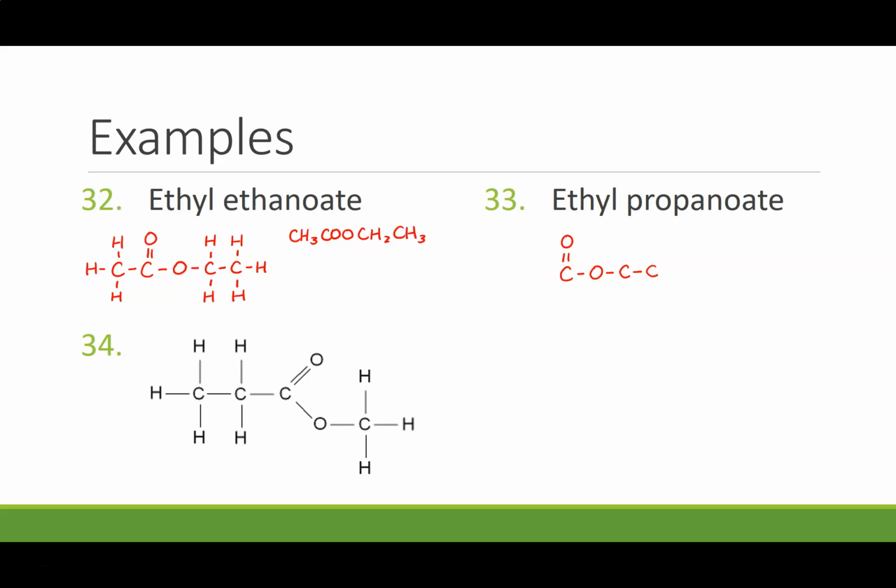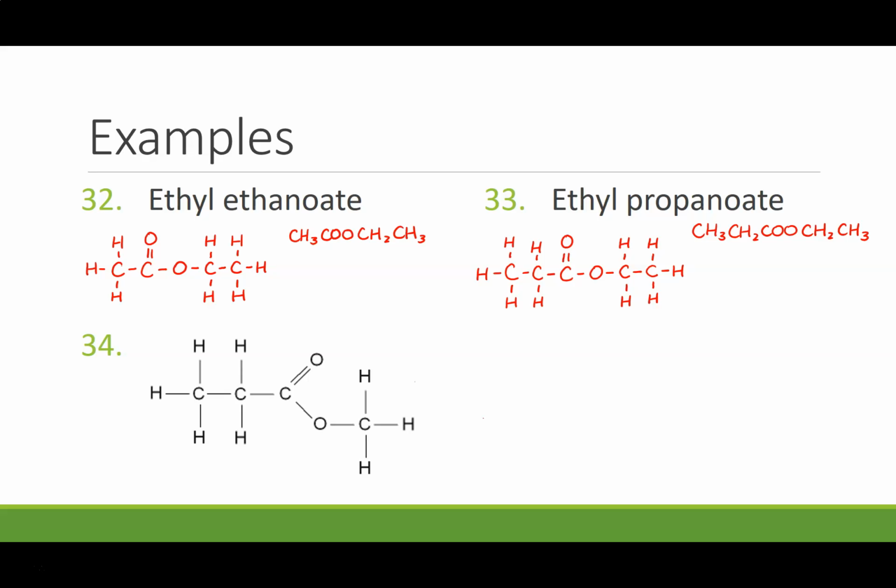And then the other hydrocarbon chain should have three carbons. So we already have one. So 1, 2, 3. So that is the basis of this compound, and now we just fill in the hydrogens. The condensed structural formula would be CH3CH2COOCH2CH3.